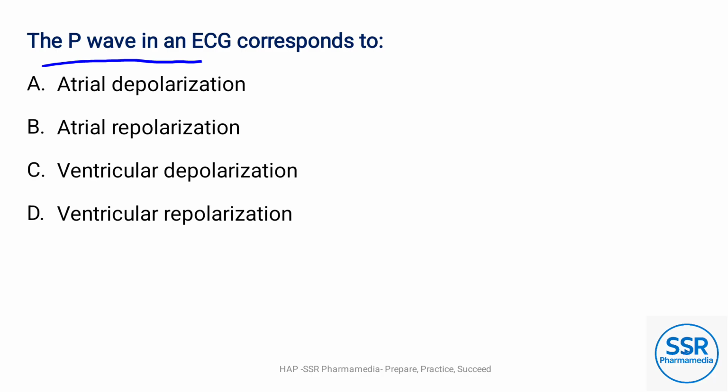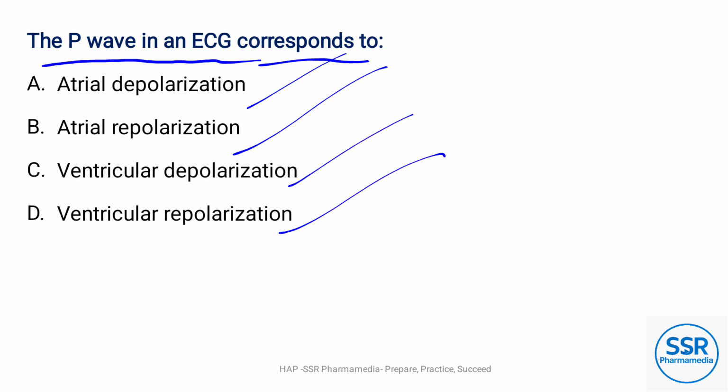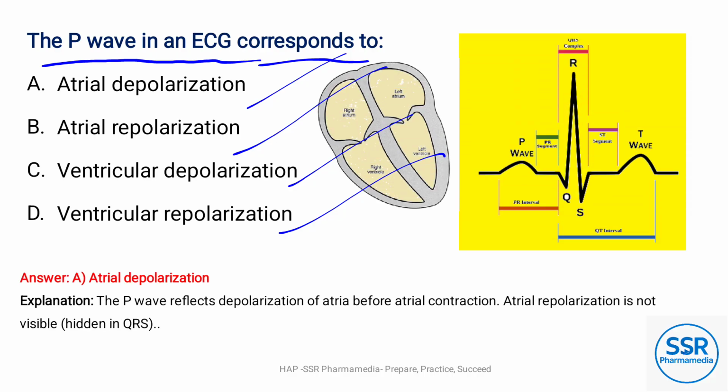The P wave in an ECG corresponds to option A, atrial depolarization; option B, atrial repolarization; option C, ventricular depolarization; option D, ventricular repolarization. So the answer is option A, atrial depolarization.